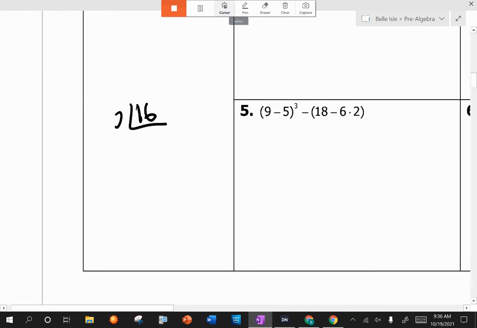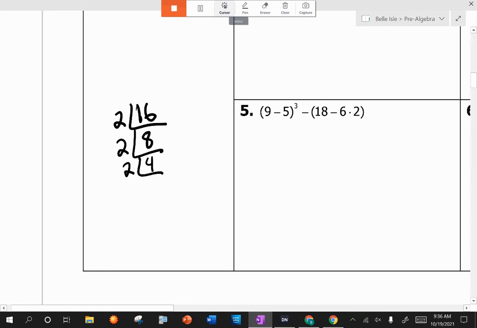So we can divide it by 2. What is 16 divided by 2? 8. Then I'm going to do it again. What prime number can I take out of 8? 2. What is 8 divided by 2? 4.